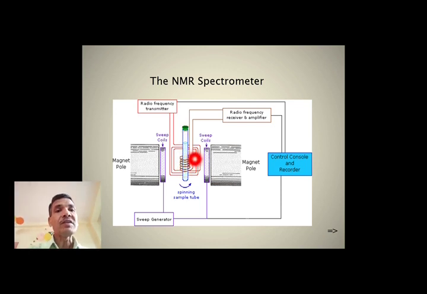It generates a signal of absorption that is received by this radio frequency receiver, where it is amplified, and the signal is recorded on the recorder.